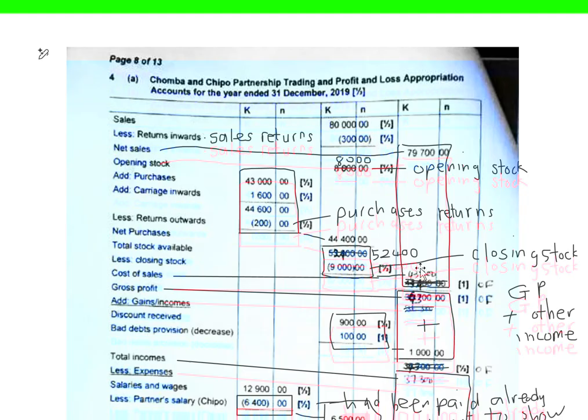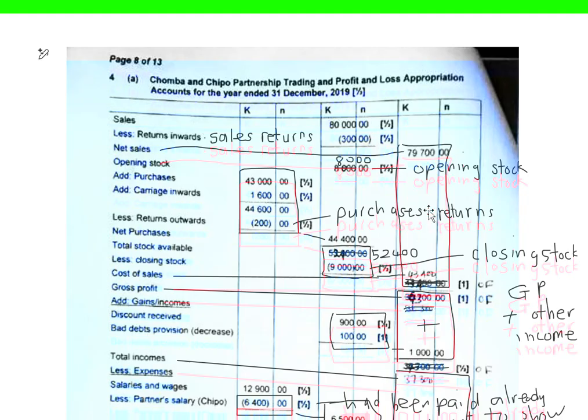So we calculated cost of sales by doing these calculations, punching in those numbers. So we got net sales minus the cost of sales amount is equal to the gross profit.